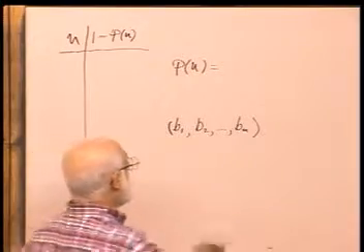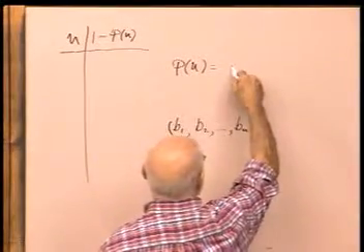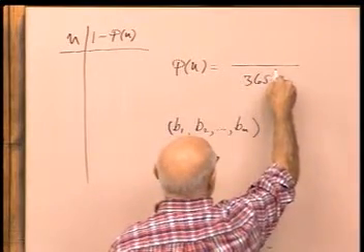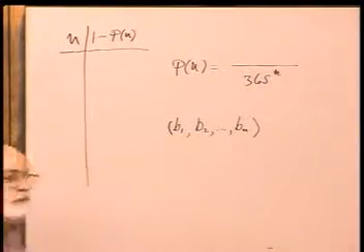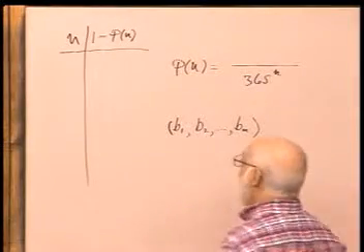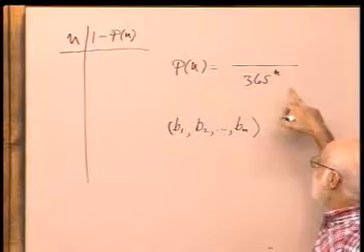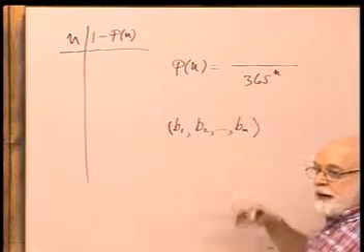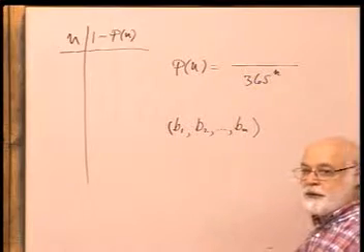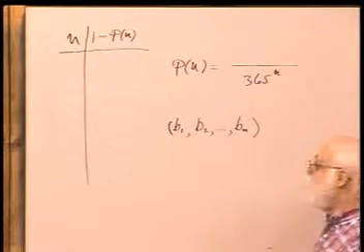So how many is that? According to the generalized counting principle, that's 365 to the nth power. Imagine that I have this room and I'm going to list every possible set of birthdays they can have.